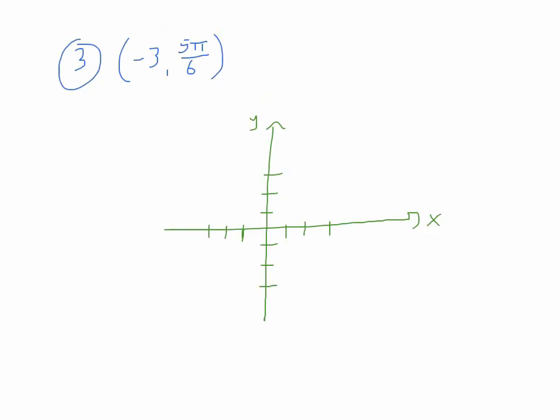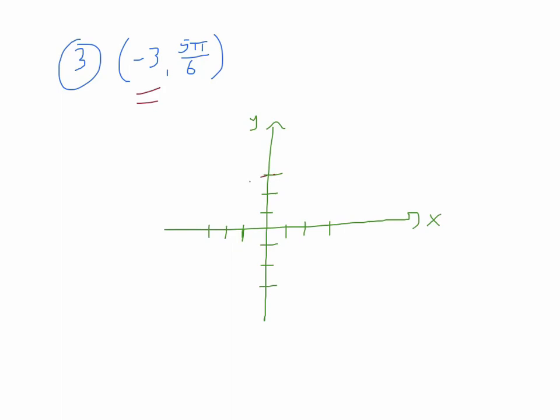In this example, the polar coordinate now is negative 3, 5 pi over 6. Now I would once again start with the radius. In this example it is a negative number, so we'll have to make an adjustment, but I know that because the r value is negative 3, the point will be a distance of 3 units away from the origin.